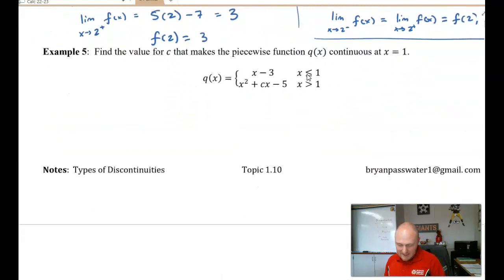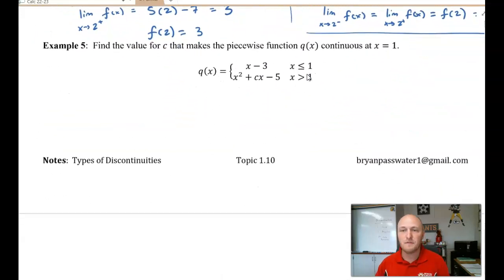All right, example number 5. Find the value for c that makes the piecewise function q of x continuous at x is equal to 1. All right, so I want to go ahead and make sure that it is continuous at 1.